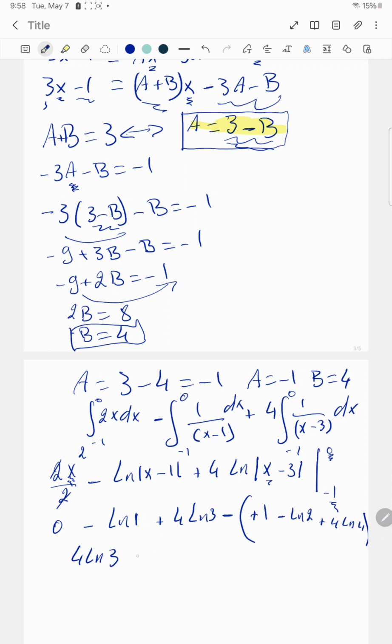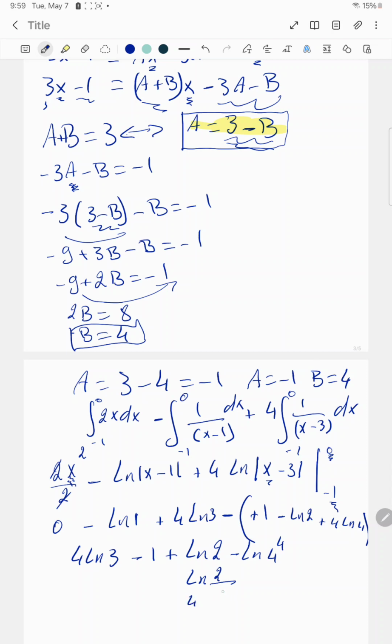So 4 ln of 3 minus 1 plus ln of 2 minus ln of 4 to the power of 4, if you want.